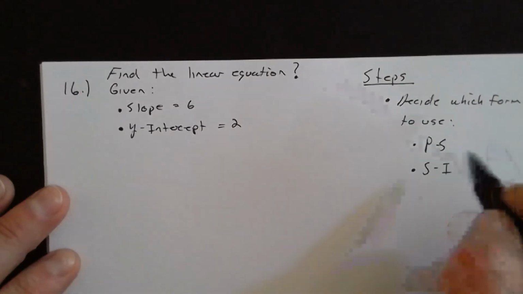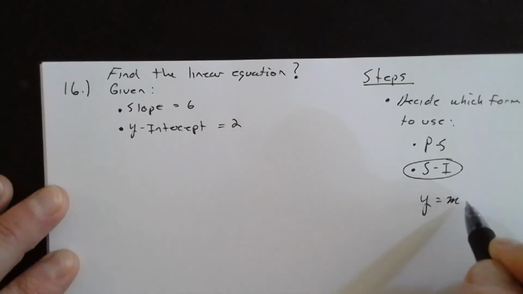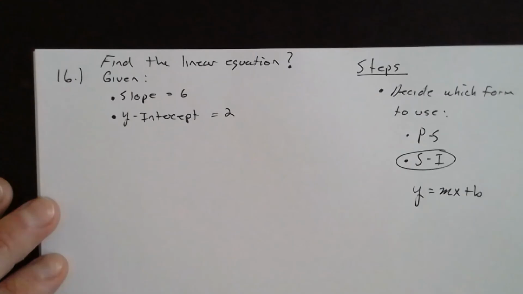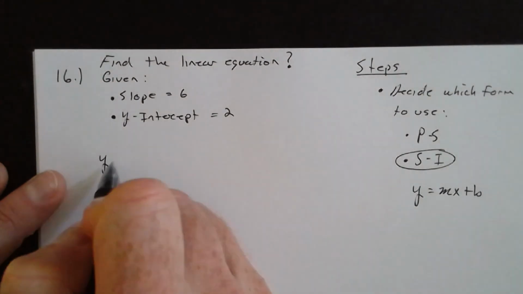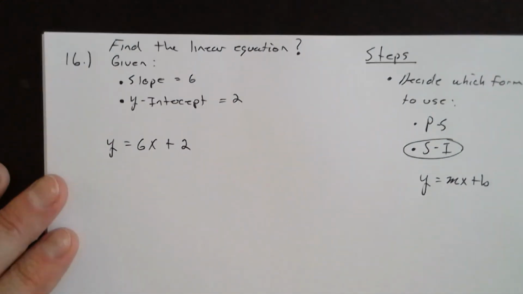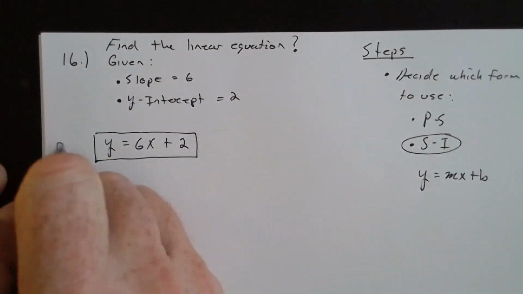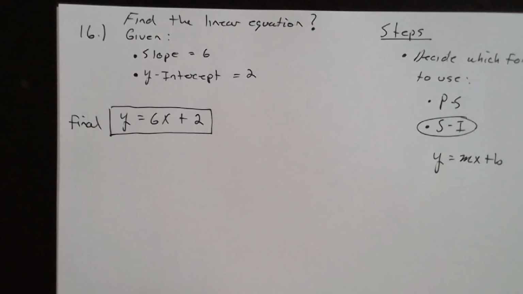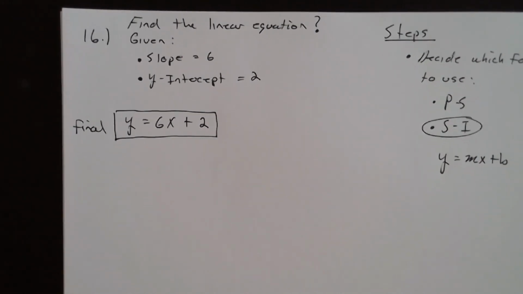So slope intercept is y is equal to mx plus b. And so in this case, we have y is equal to 6x plus 2. And that's final. So pretty easy. So that's 16.